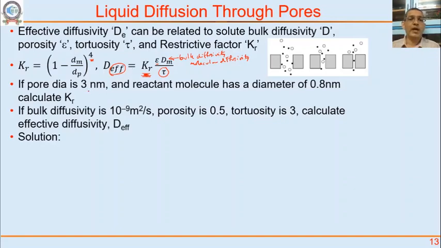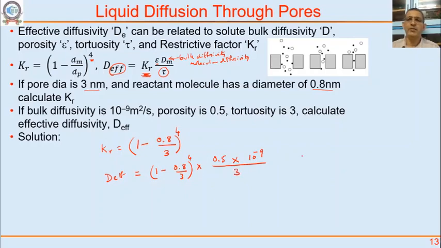Okay. So let's say pore diameter is 3 nanometer. Reactant molecule has a diameter of 0.8 nanometer. Calculate Kr. So Kr would be 1 minus diameter of the molecule 0.8 divided by diameter of the pore 3 nanometer, raised to 4. Okay. And then effective diffusivity would be Kr, so this is (1 minus 0.8 divided by 3) raised to 4, into epsilon, porosity 0.5, into bulk diffusivity 10 raised to minus 9 meter square per second, divided by tortuosity 3.